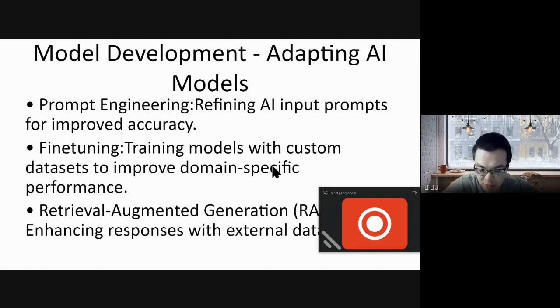And the other thing is RAG, which does information retrieval to make sure the response can do some cross-reference checks and pull information from the database you already have. So these are some ways of adapting generic AI models to your own use cases so that they can be personalized and useful for tasks that may be very specific.